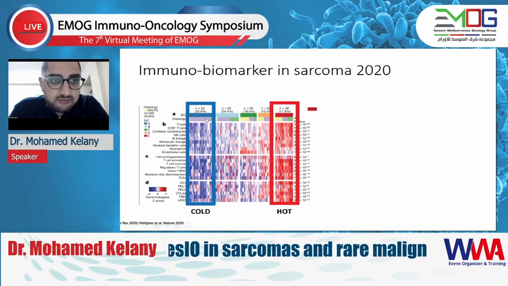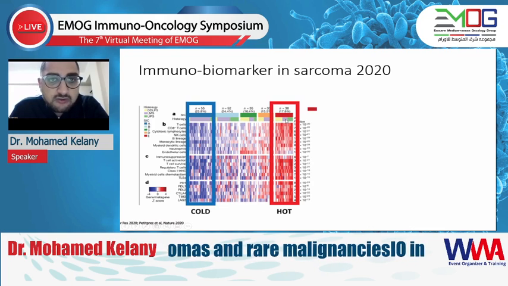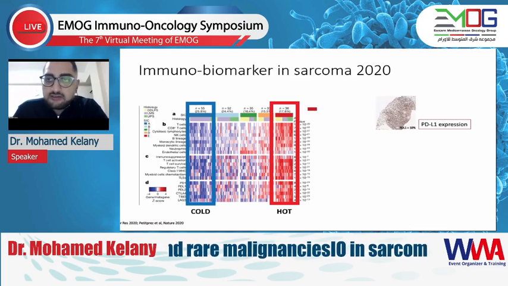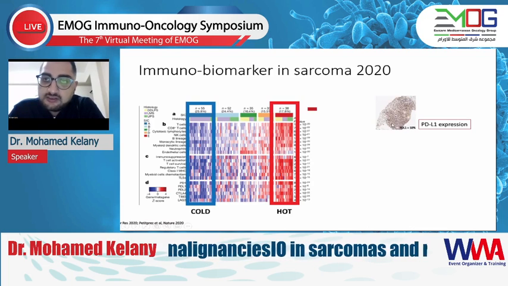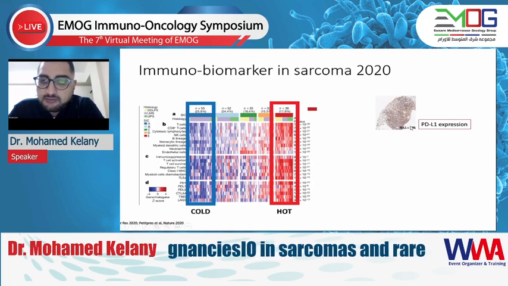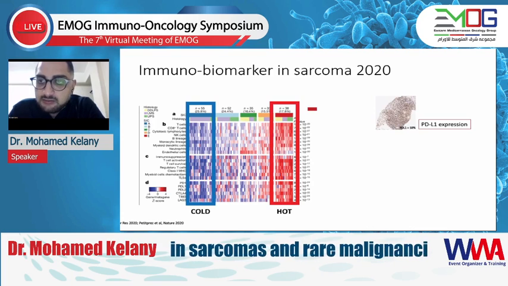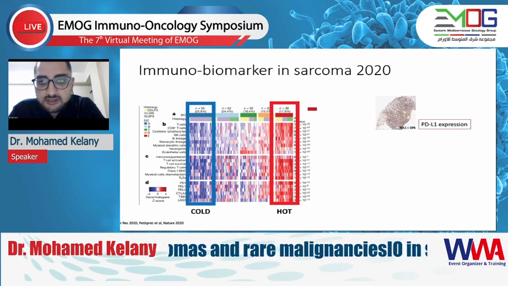Here the tumor mutational burden varies from leiomyosarcoma to dedifferentiated liposarcoma or undifferentiated pleomorphic sarcoma. Again, there is data about PD-L1 expression in soft tissue sarcoma. The data shows 20 to 50% expression in soft tissue sarcoma. GIST highly expresses PD-L1, and till now PD-L1 expression carries prognostic significance only and does not predict response to IO therapy.